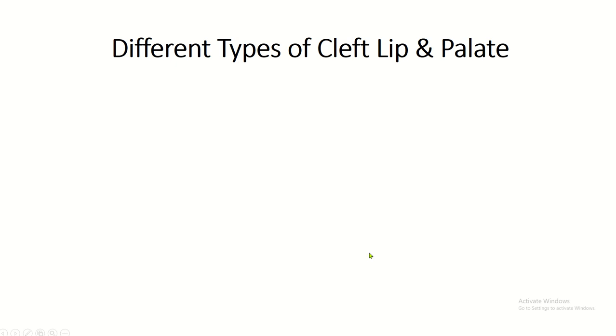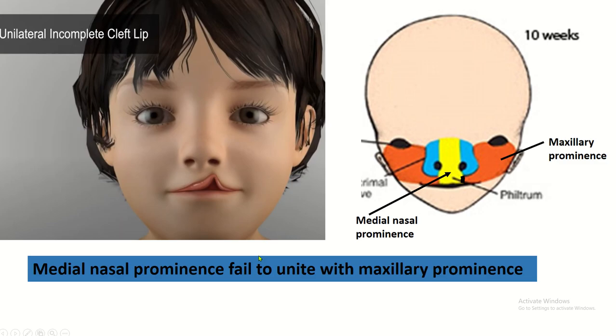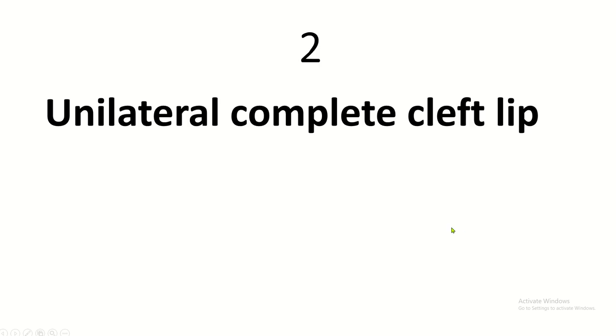Now different types of cleft lip and cleft palate. First, the unilateral incomplete cleft lip. This is the unilateral incomplete cleft lip. Here part of the medial nasal prominence failed to fuse with the maxillary prominence.